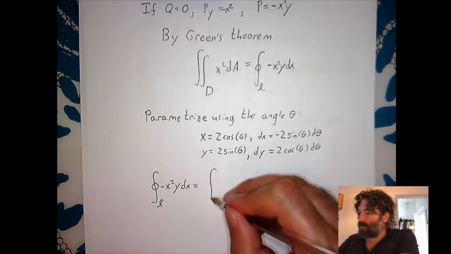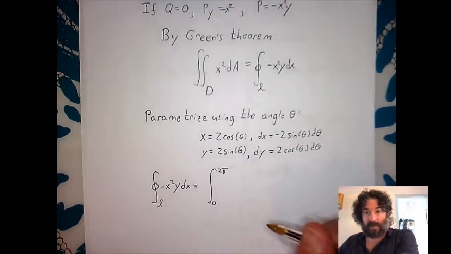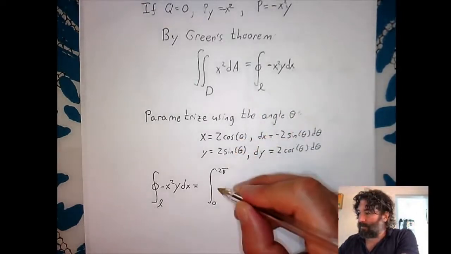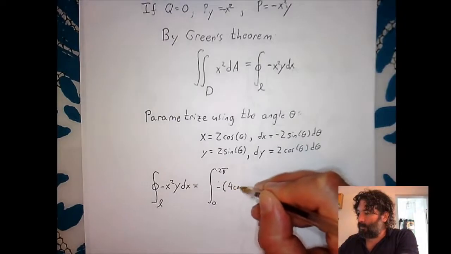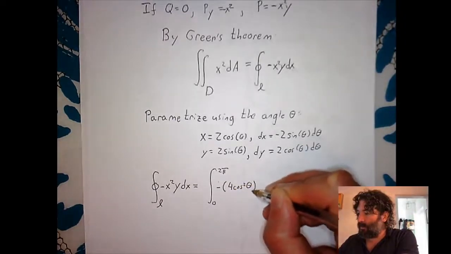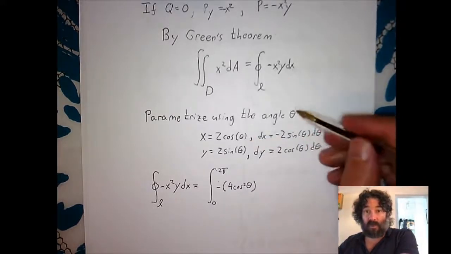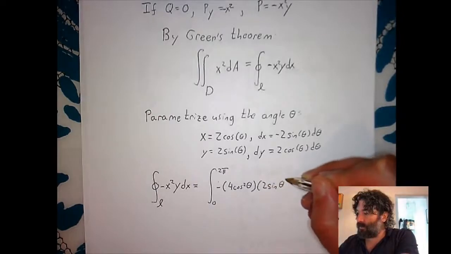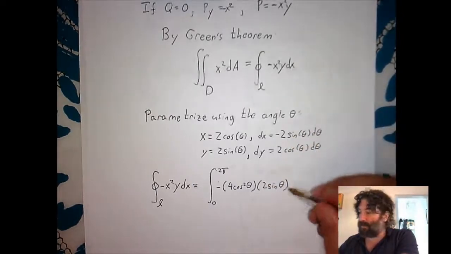So this line integral over L of negative x squared y dx is equal to the integral from 0 to 2 pi, the limits for theta, of negative x squared, that's negative 4 cosine squared theta, times y, 2 sine theta, times dx, which is negative 2 sine theta d theta.